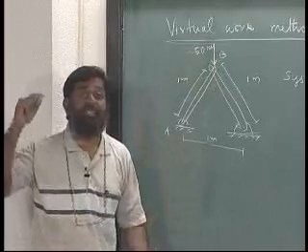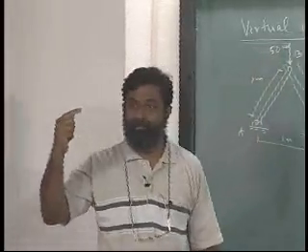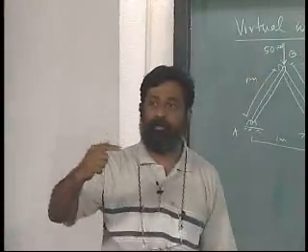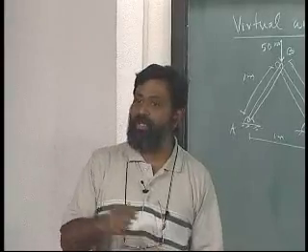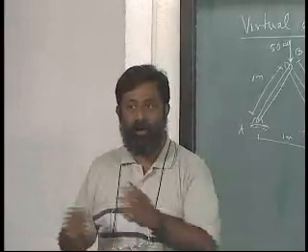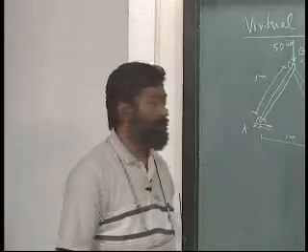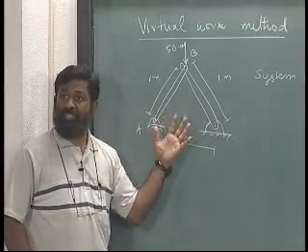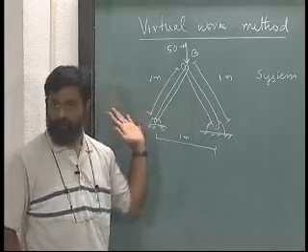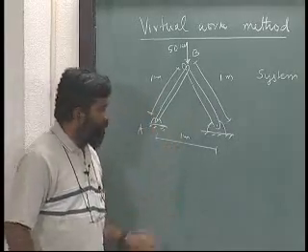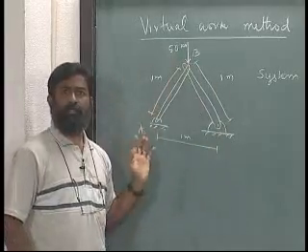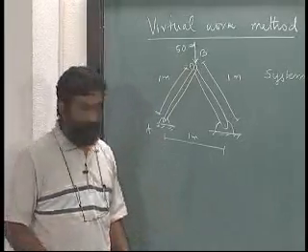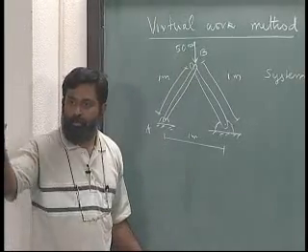I need to release at least 1 degree of freedom, and that 1 degree of freedom can be associated with the kinematics or the movement of the structure. So, please understand that in virtual work method there has to be movement possible, in which case, supposing, let us ask this question, what do I want to find out?